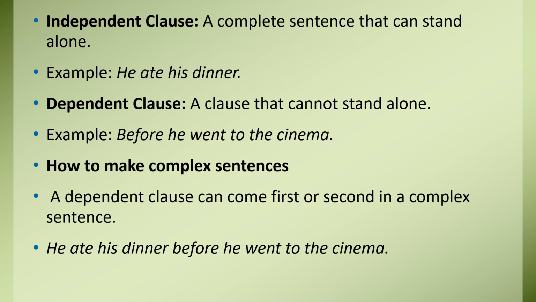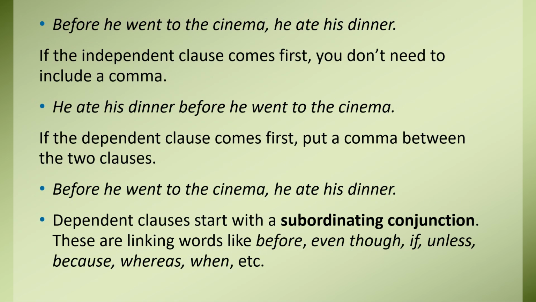How to make a complex sentence? A dependent clause can come first or second in a complex sentence. He ate his dinner before he went to the cinema. So when we add this independent clause with the dependent, it completes the meaning of the sentence.